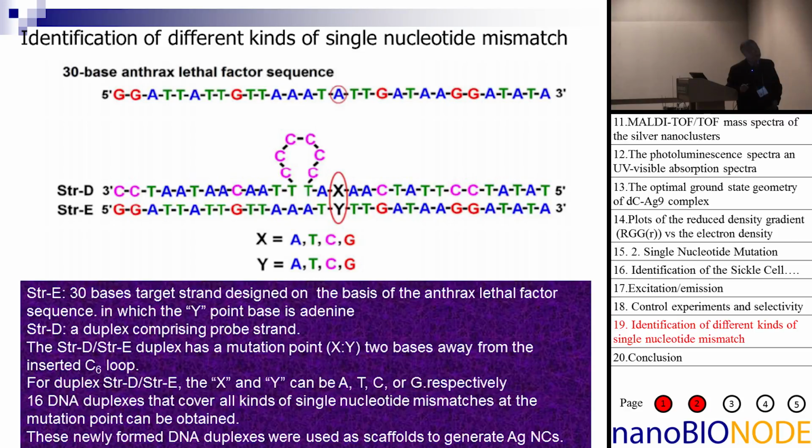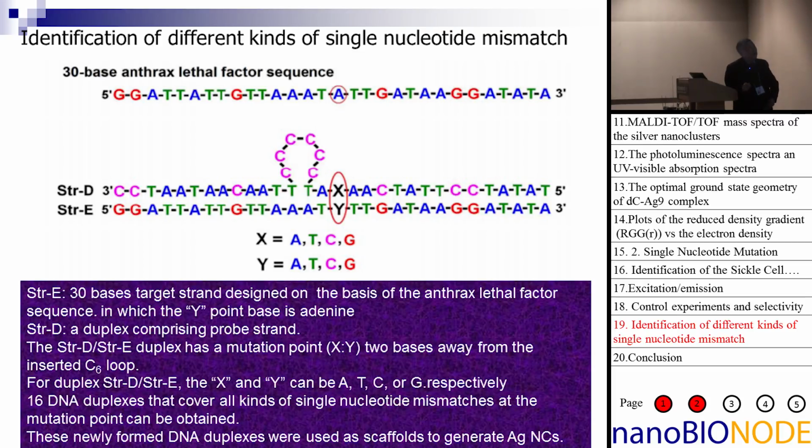And if this is different, for example, ATCG, this D is a duplex comprising the proper strand. So we can get different results like this.